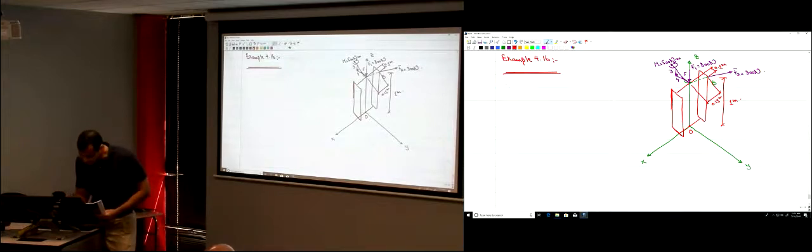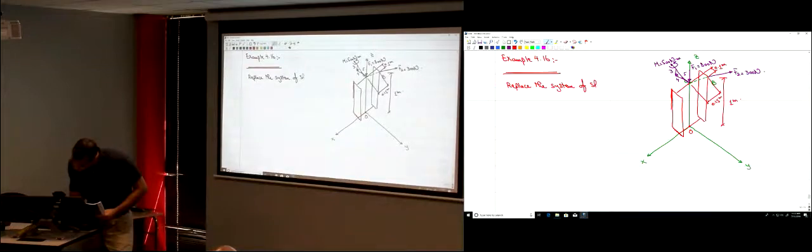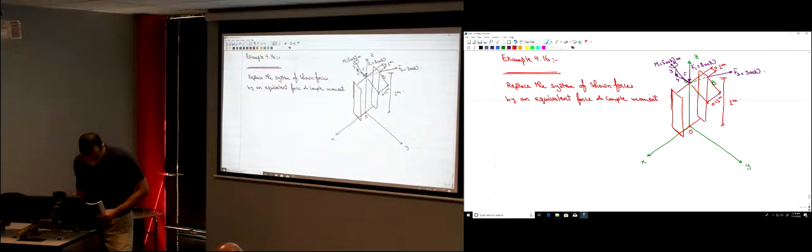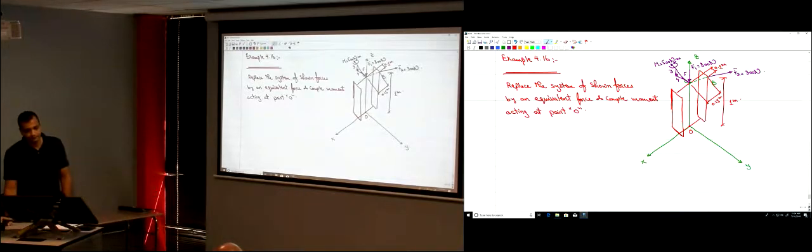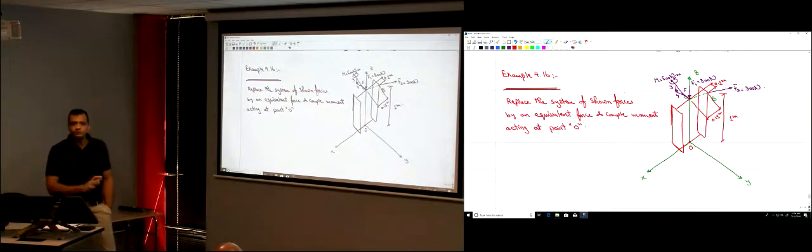We are required to replace the system of shown forces by an equivalent force and couple moment acting at point O. Okay? Any question before we start solving?